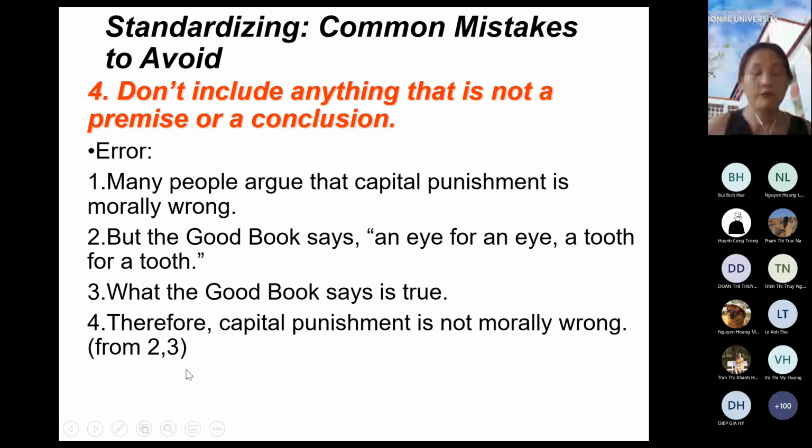That is one of the ways to say that statement 1 has no relation, no role in the argument, isn't it? And if we read in detail for the content, we will see that statement number 1 says many people argue that capital punishment is morally wrong, isn't it? But then the conclusion is trying to prove that capital punishment is not morally wrong.